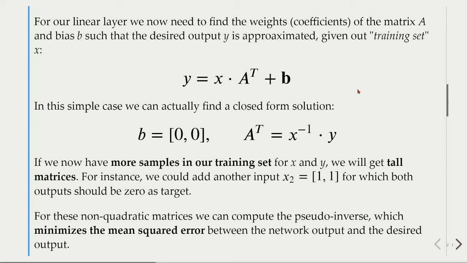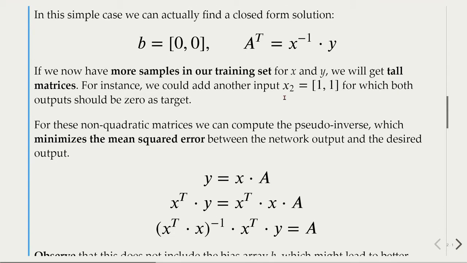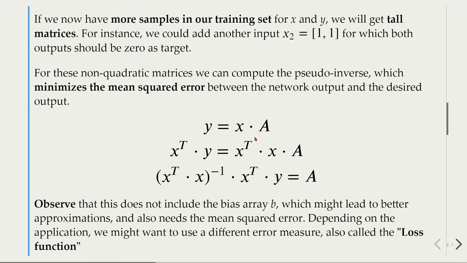If now we have more samples in our training set for X and Y, we will get tall matrices. For instance, we could add another input x2, for example, 1 and 1. For both outputs, the target should be 0. For the non-quadratic matrices, we can compute the pseudo-inverse, which minimizes the mean squared error between the network output and the desired output.